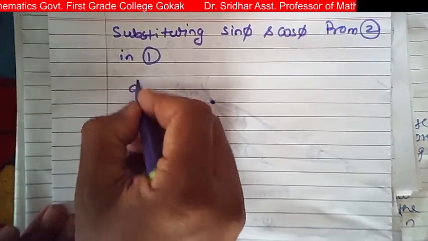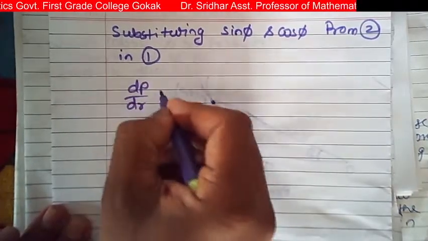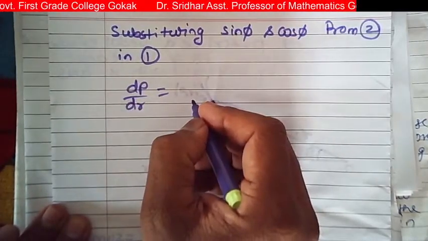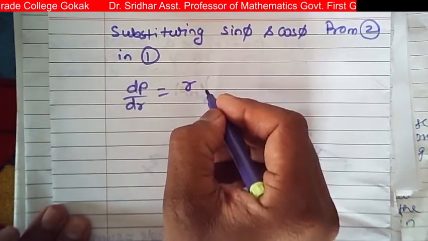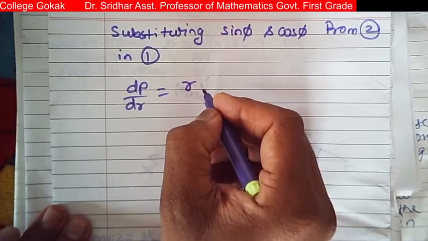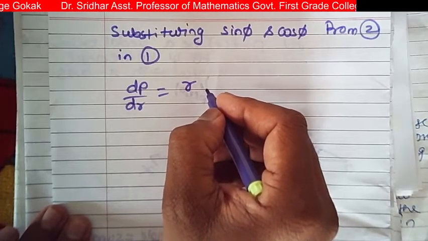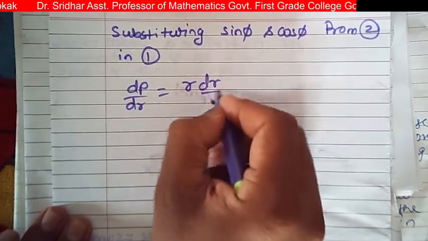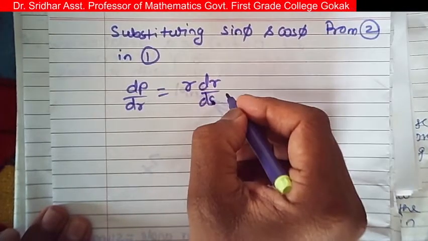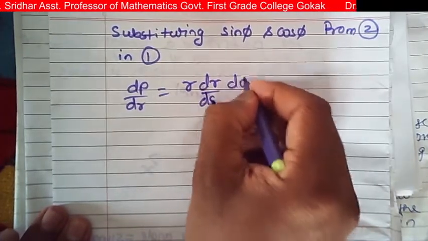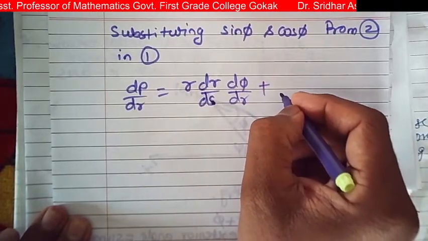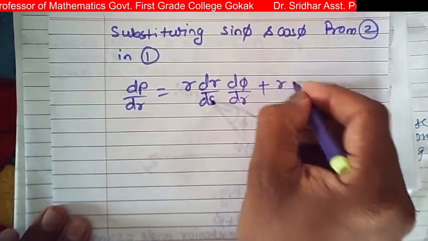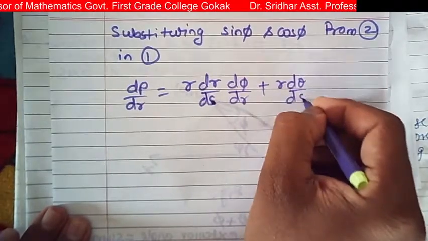dp by dr is equal to r as it is, and cos phi means dr by ds, into d phi by dr, plus sin phi means r into d theta by ds.